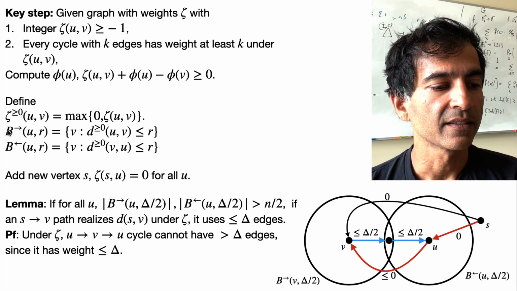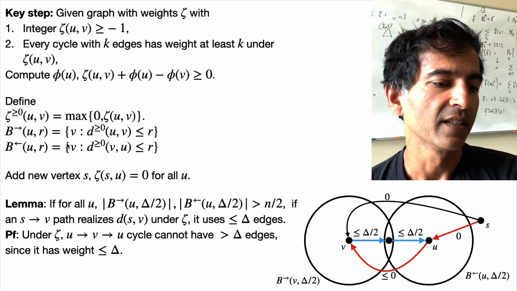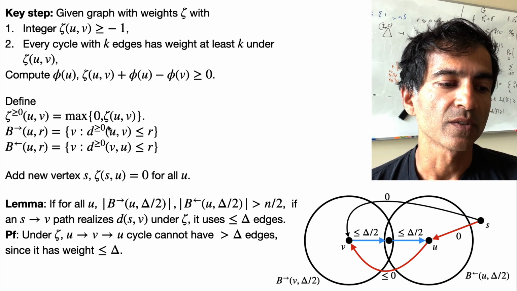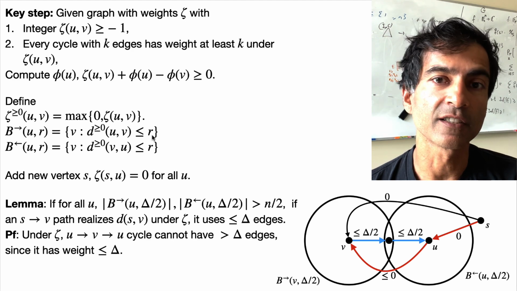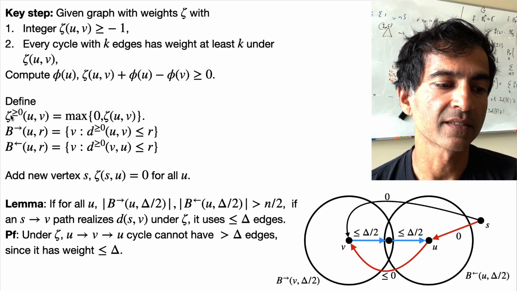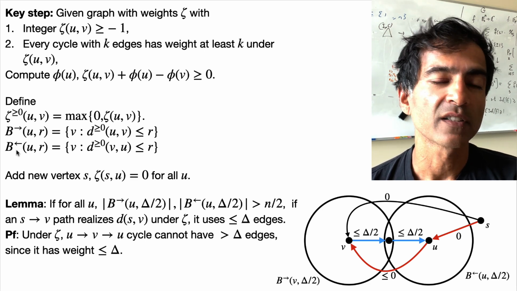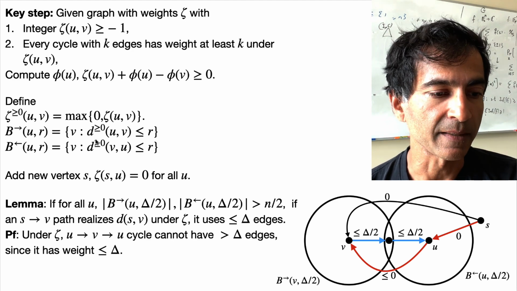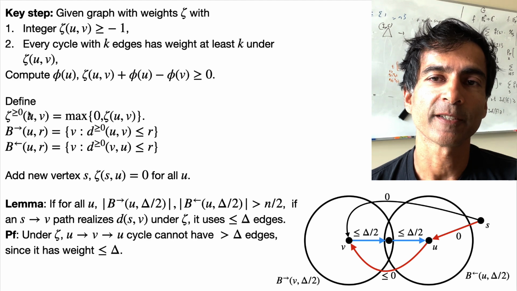And let's define these two balls so that this ball, the forward ball of radius r around a vertex u, is the set of vertices v that are within distance r under this non-negative weight function. And the reverse ball is the set of vertices such that the distance from v to u is at most r under the same non-negative weight function.